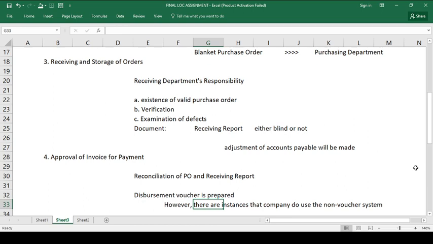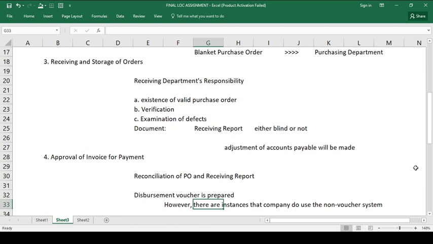We need to reconcile them, because maybe the total value of purchases based on the purchase order is 1 million, but what was actually received is less than 1 million. So we need to reconcile that.